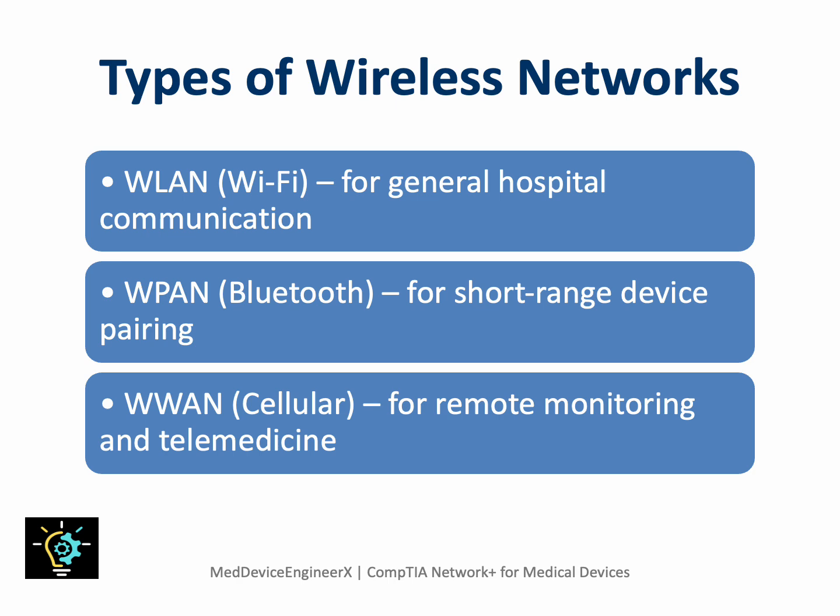Cellular delivers wide coverage. Understanding which to use depends on the clinical need and environment. And biomedical engineers often work alongside IT teams to ensure that these networks function seamlessly without interfering with any life supporting equipment, for example, a ventilator or other wireless systems.